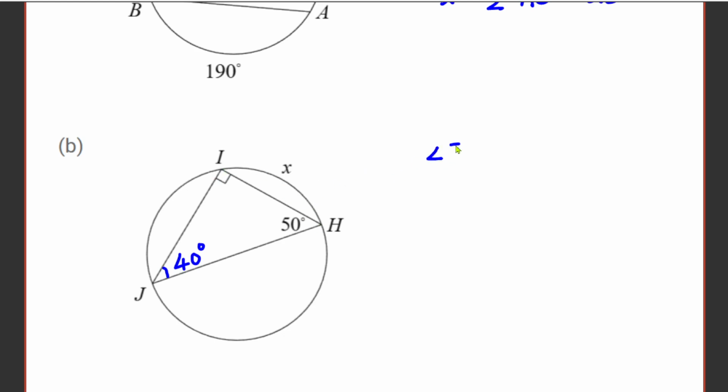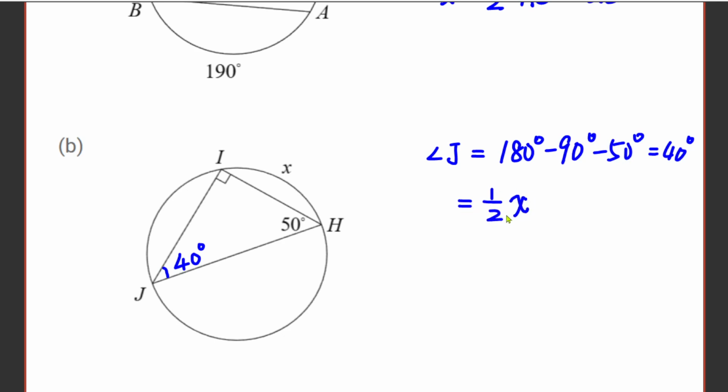So first of all, angle J equals 180 degrees minus 90 degrees minus 50 degrees, which is 40 degrees. Then we know that equals a half of the inscribed arc X. Because of this, X is twice angle J, which equals 80 degrees, right?